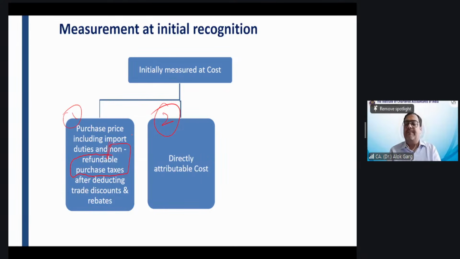For example, a company has purchased a machinery from China. Now, the company has paid 20,000 rupees for taking that machinery from the China port to the India port, because that machine has to travel from China to India. So the company has incurred a transportation cost. Then the company has incurred another transportation cost, freight cost, from the Indian port to the factory.